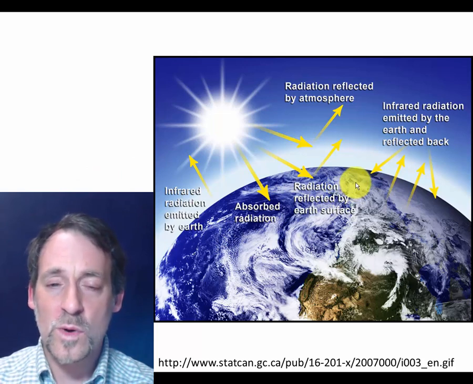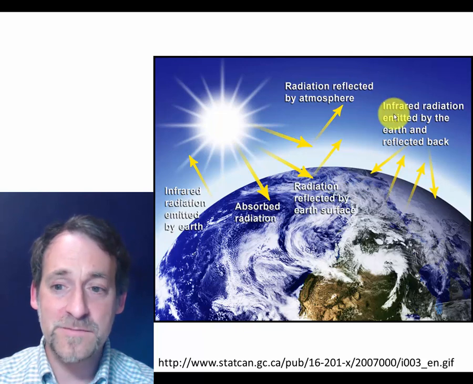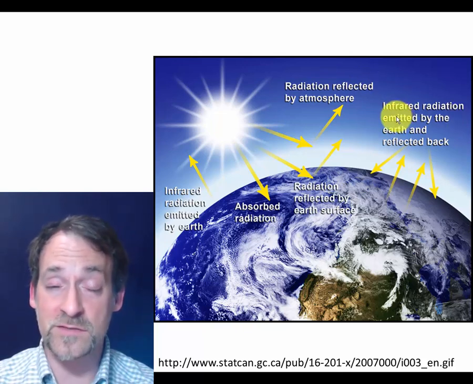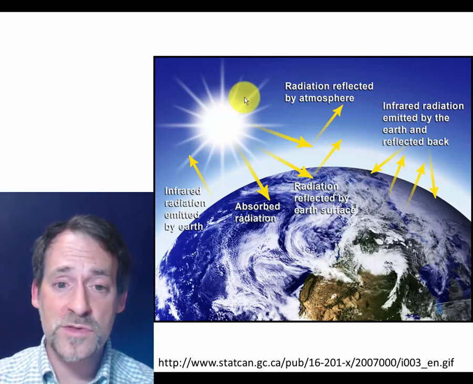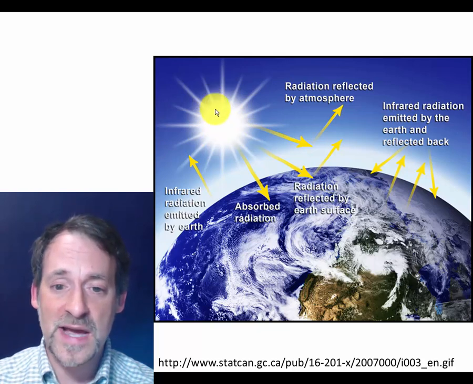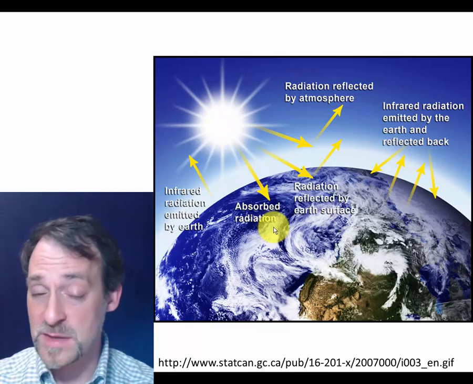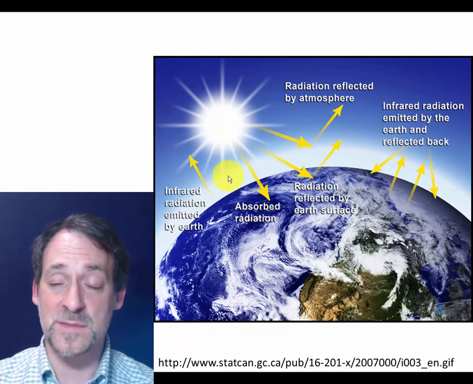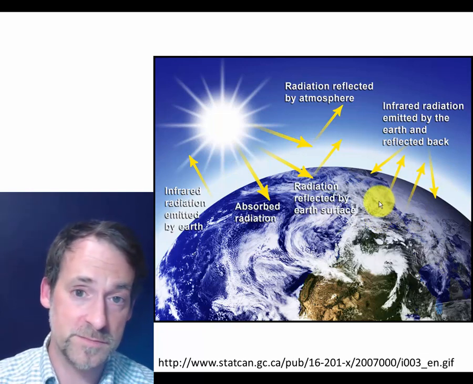Unfortunately, one of the chemical compounds that is better at blocking infrared radiation than it is at blocking other wavelengths of light is carbon dioxide. So the energy from the sun passes straight through carbon dioxide on the way down because it's in, say, the visible light spectrum, but then cannot pass back up out of the Earth's atmosphere because once it is re-radiated, it is at the wavelength of infrared radiation.